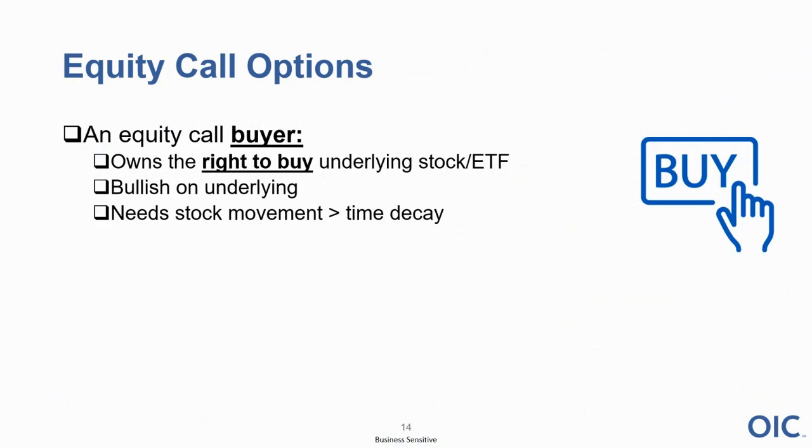If stock is trading $50 and I have a call with a $49 strike, I've got the right to buy stock at $49, then inherently that option is going to be worth $1, right?